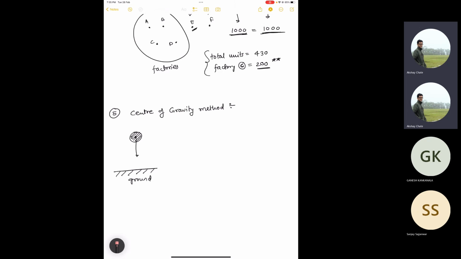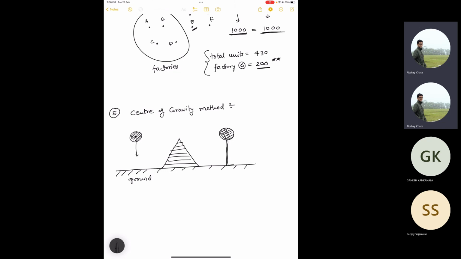But consider the same example. This is the ground, and if you have some body like this, a triangle, and it is resting on the ground with its one face touching the ground, whereas I give you another body, like a very small shaft, and at the top you have a very heavy mass.